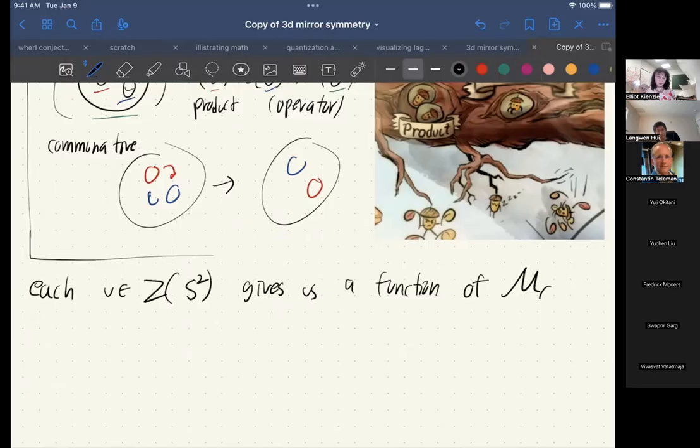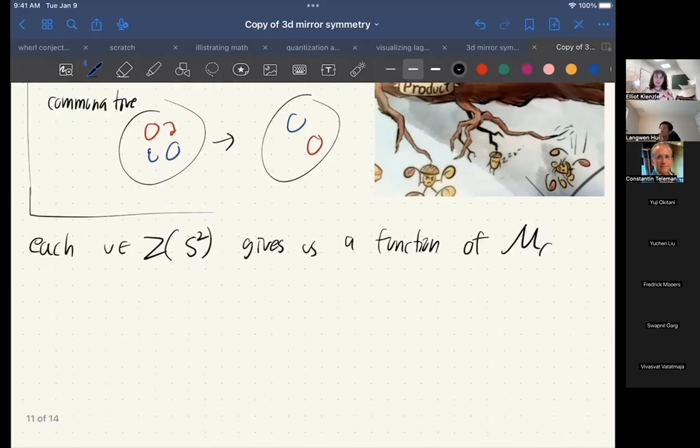Now, I guess this requires a little bit more physics belief to believe in it physically, but what I'm saying is each point in the Coulomb branch is some configuration of fields. Each of these things is an operator. We can take our field, excise a small ball, add in a new thing, which is that vector V, and see what the resulting number is. That gives a function. Every vacua gives a potentially different value for this operator.